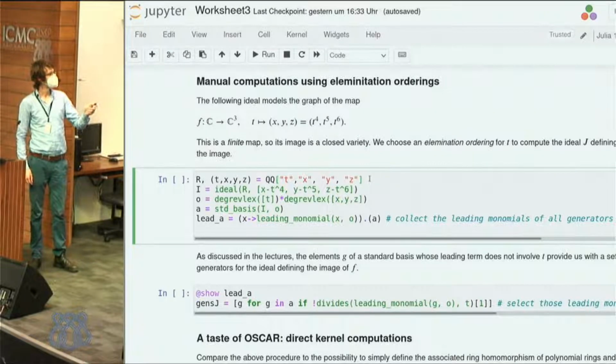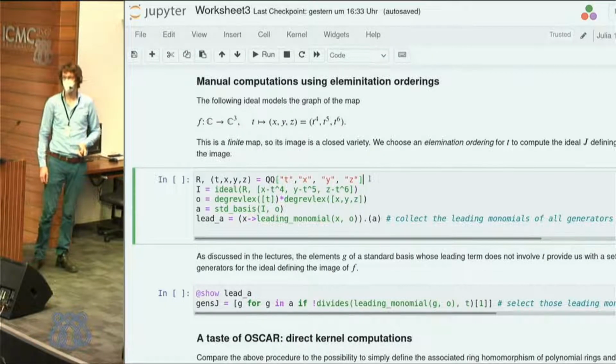Here we have the ideal defining the graph with the expected generators. And this is the product ordering.